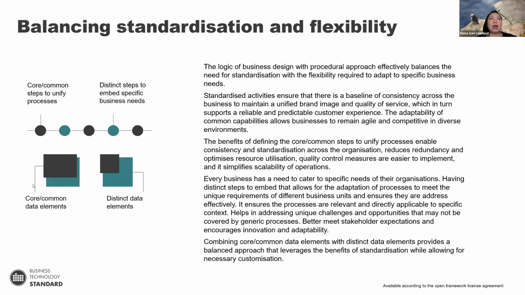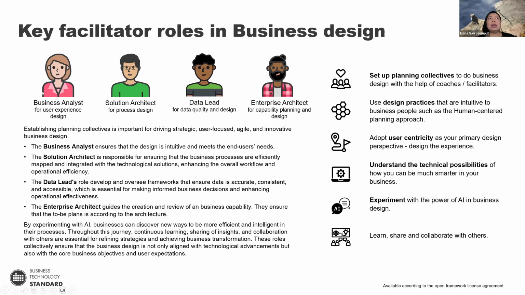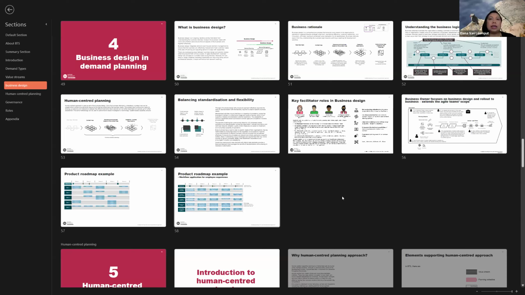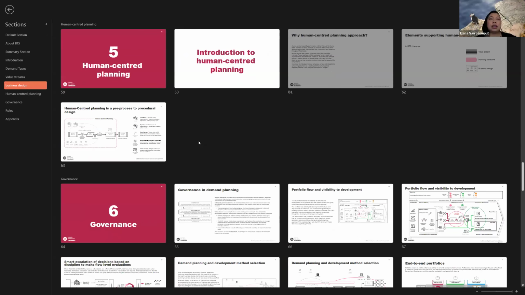The roles within this are very good to know. So you have, again like I mentioned, the business analyst, who is in the key role here, but you may also have solution architects, data leads, and of course the enterprise architect that could help and guide this kind of capability planning in this scenario. So that being said, what is the human-centered approach here?